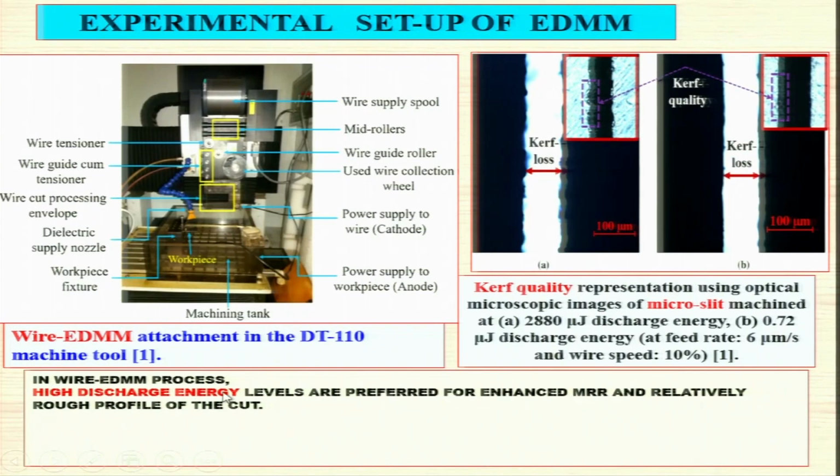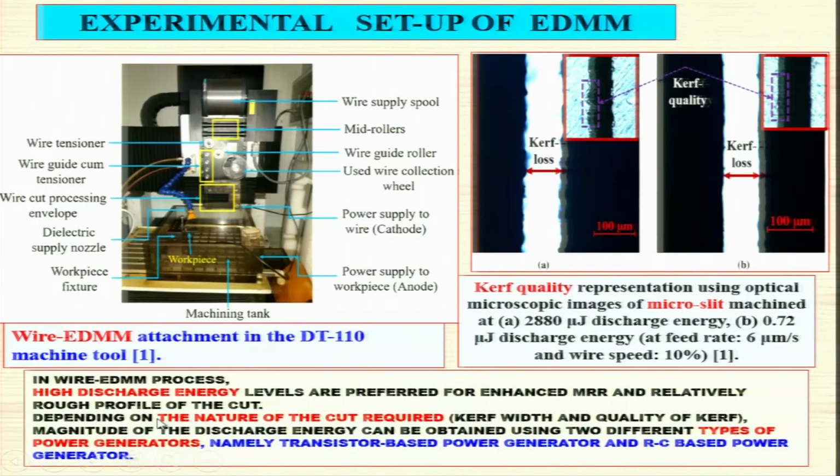In wire EDM process, high discharge energy levels are preferred for enhanced material removal rate and a relatively rough profile of the cut. Depending on the nature of the cut required, kerf width and quality of the kerf are controlled.